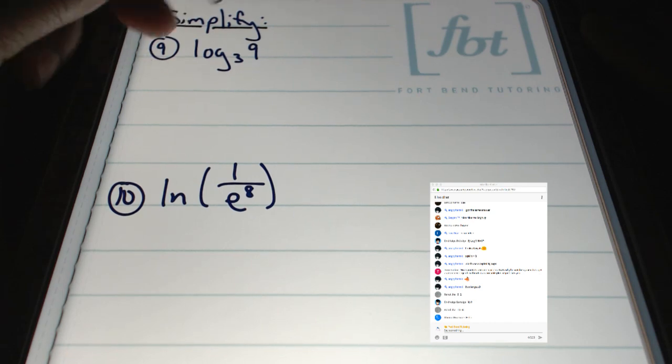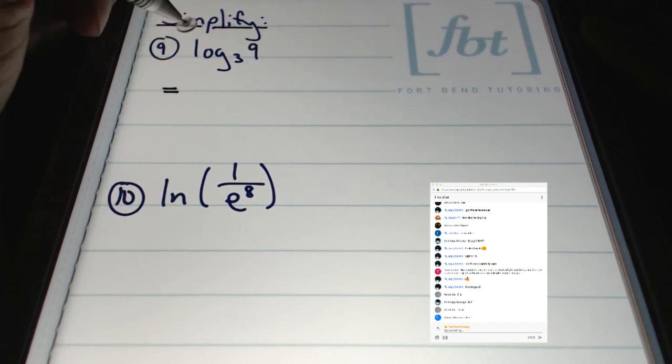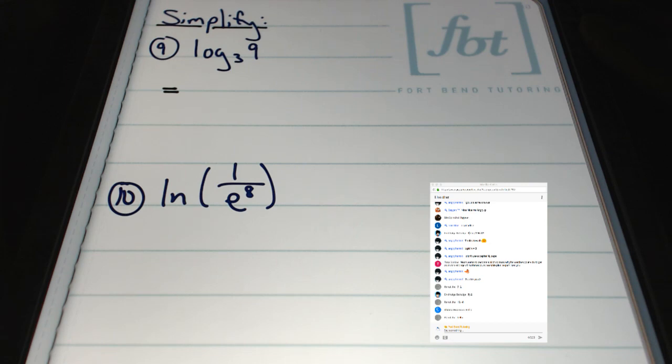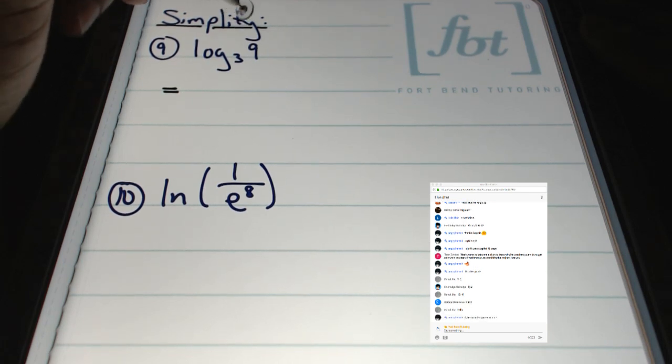Let's go ahead and look and see what happens here with problem number 9, guys. We have log base 3 of 9. The argument is 9. Well, one technique that you can use in order to simplify these problems is to try your best to rewrite the argument with that same base of the logarithm. So since our base of the logarithm is 3, I want to see if I can rewrite the number 9 using that same exact base.